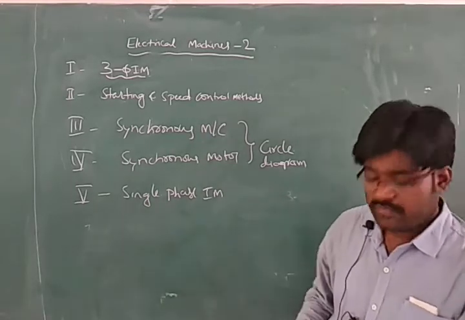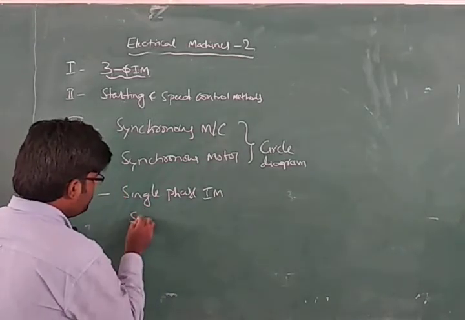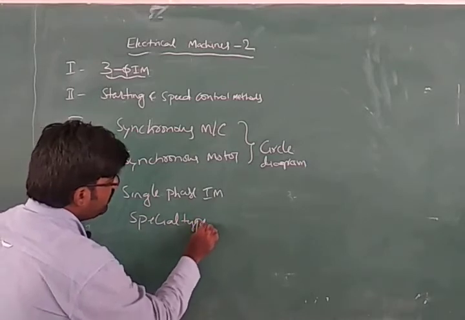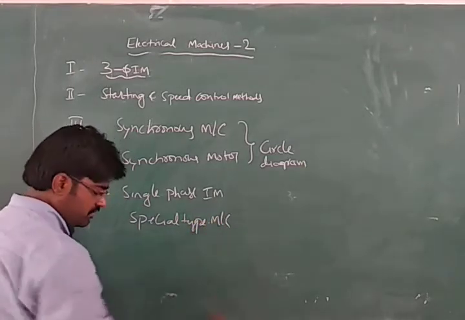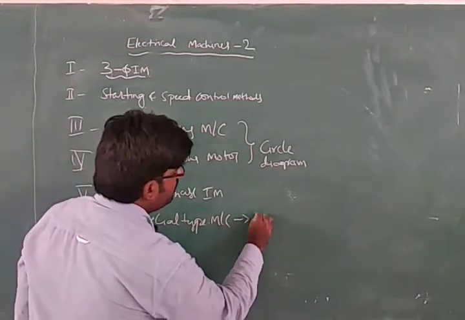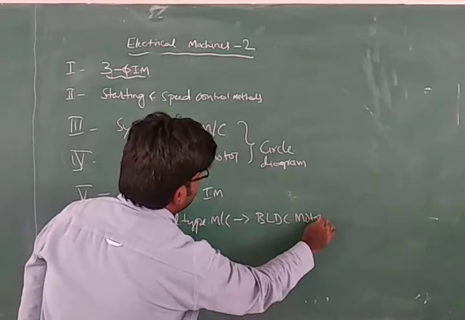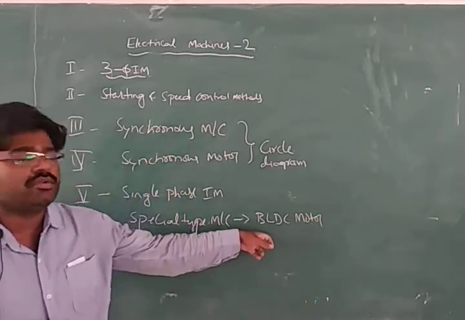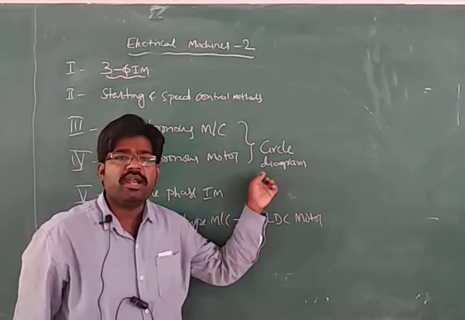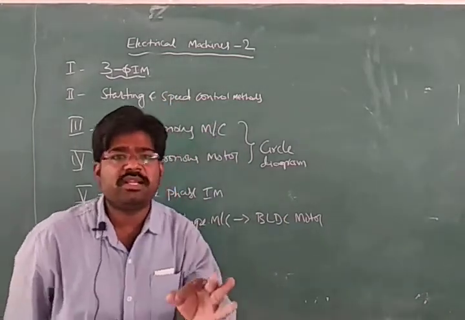How they behave. Then along with this, we will be studying some special types of machines. What are those special machines? We will be studying BLDC motors. BLDC motor is most popularly used. It is the advanced version of the DC motor. Everywhere we are using BLDC motors. BLDC means brushless DC motor.